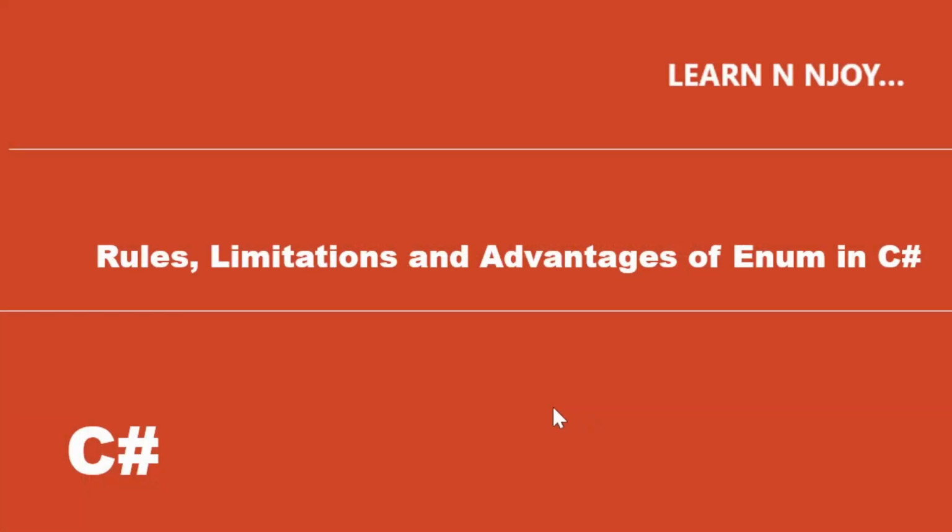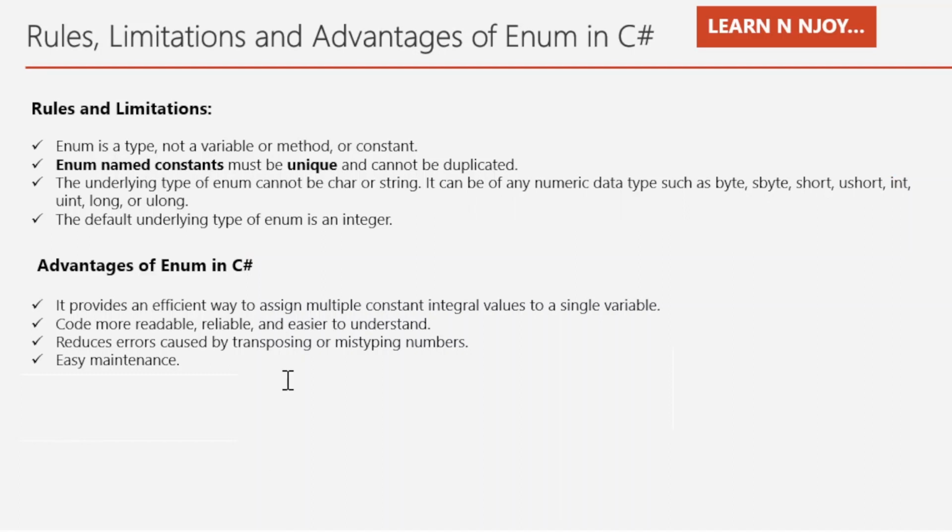Rules, limitations and advantages of enum in C Sharp. Here we are going to see some rules and limitations associated with enum, and also we will look into the advantages of enum in C Sharp. The first rule says enum is a type, not a variable or method or constant. Enum named constants must be unique and cannot be duplicated.